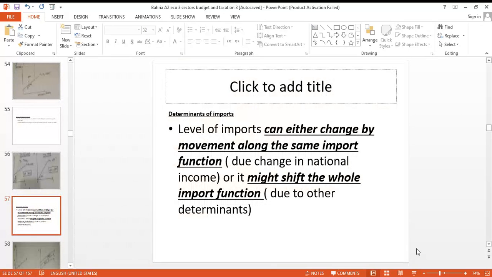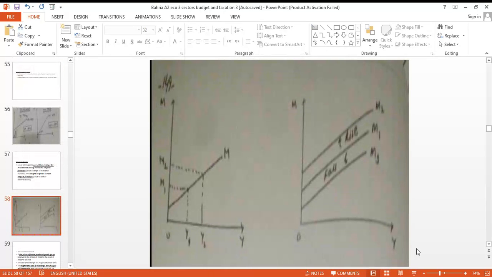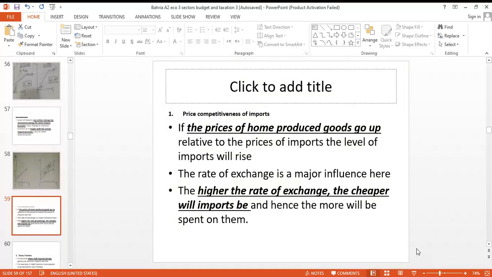Okay, so determinants of imports: you can either move along the import line or the import line will shift. When will the import line shift? What are the determinants of imports? Please do keep in mind, when the prices of home produced goods go up, this can happen because of two reasons. Either inflation hits and your home produced goods become expensive.